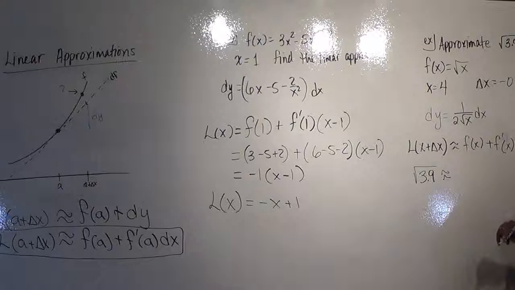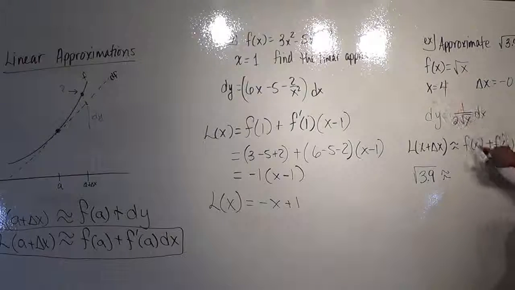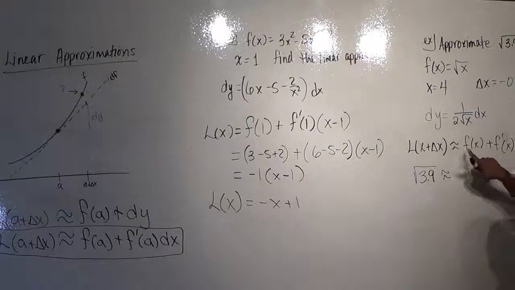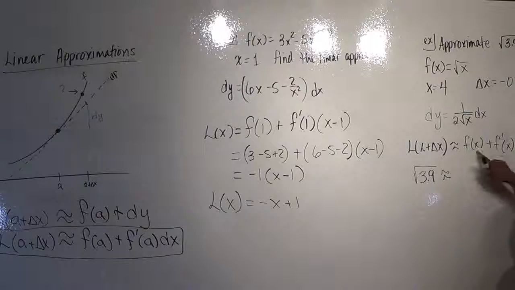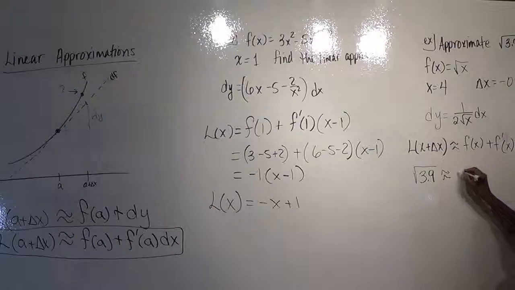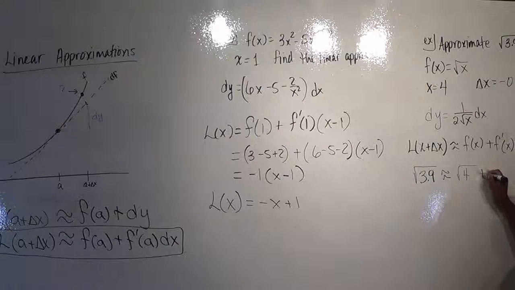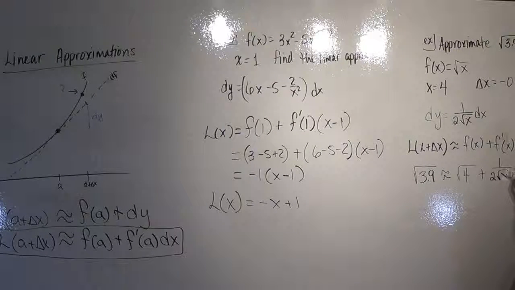Okay, my f of x, well, you probably should use a different letter than x here, but my f at x is the square root of 4. My derivative at x is 1 over 2 square roots of 4. And my dx, again, is the same as my delta x.